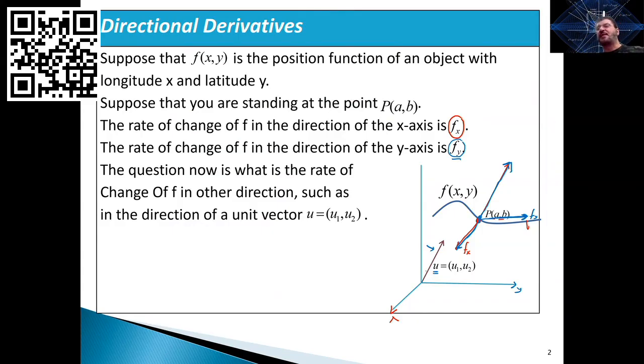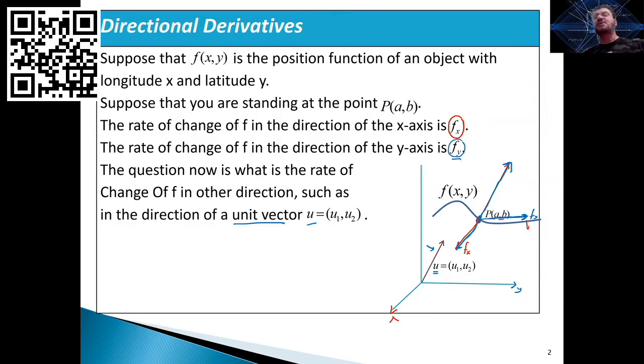Yes, we can. But to do that, first of all, we have to make sure that our vector u is a unit vector. So now, the summary of what we're going to do in this section is as follows. We will be looking for the rate of change of the function in the direction of any unit vector u, as you see in the graph.